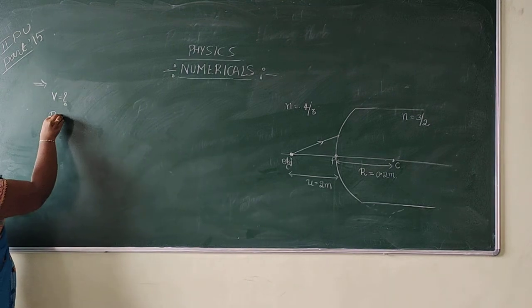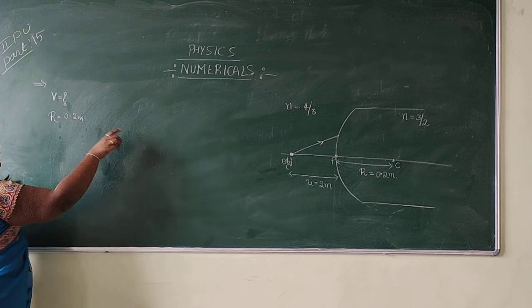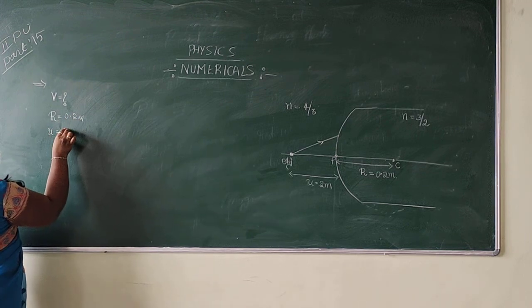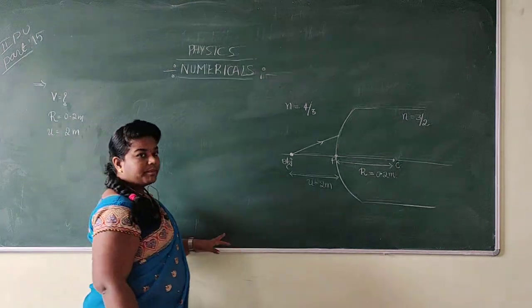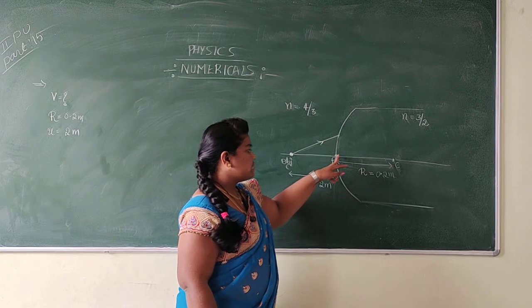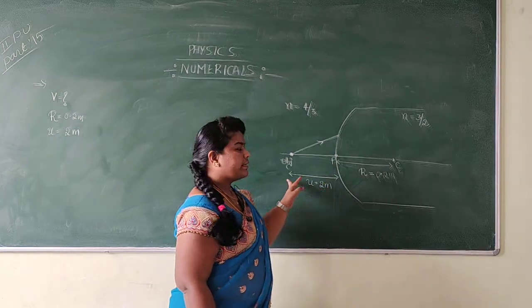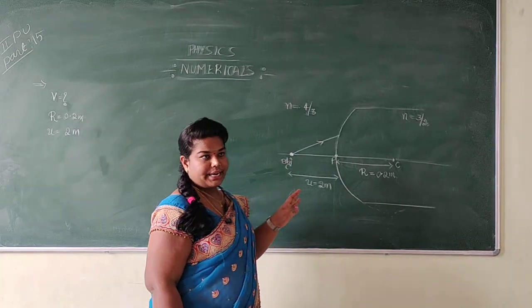Radius of curvature R is equal to 0.2 meter and object distance u is equal to 2 meter. Please be careful. See, according to the sign convention, distances which are measured opposite to the direction of the incident ray are taken as negative.